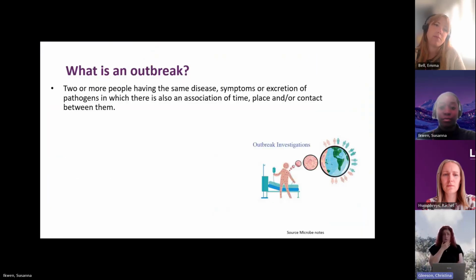So an outbreak is when two or more people have the same disease, symptoms, or exposure to a pathogen in which they are linked by time, space, or contact.